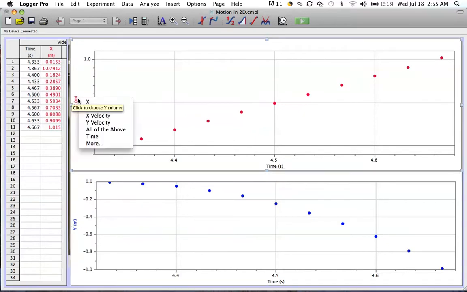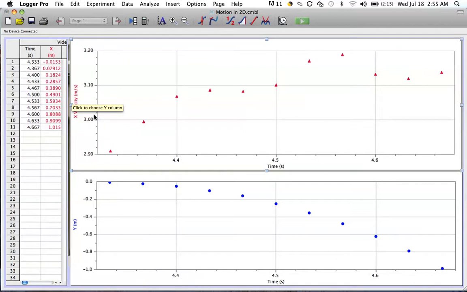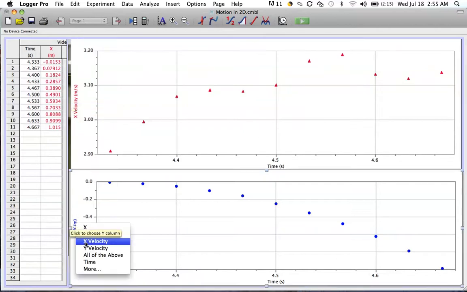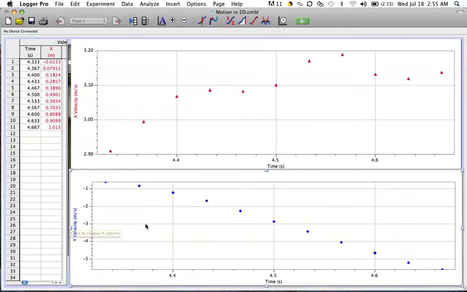We can do the same thing with their velocities. I can look at the x velocity here and the y velocity here. But again, I want to keep the scales similar to each other, so that here we're looking at a scale of 0 to -5.